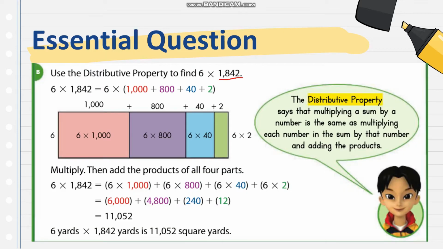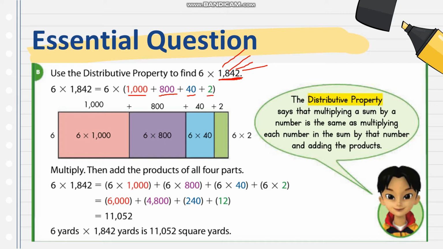So how? The first step is you need to break 1,842 into 1,000 because 1 is in the thousands place. Then 8 is in the hundreds place, so it becomes 800. 4 is in the tens place, so it becomes 40 because 4 multiplied by 10. And 2 is in the ones place, so 2 times 1 is 2.